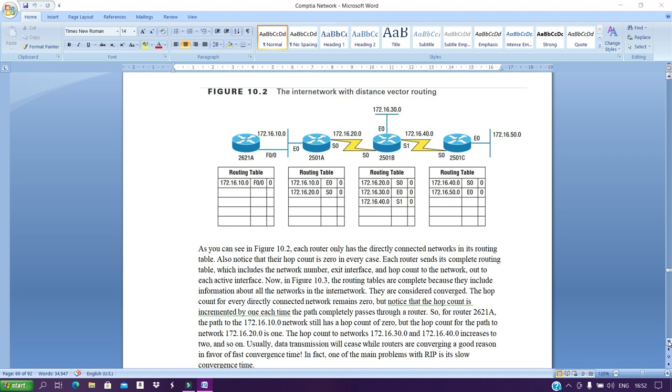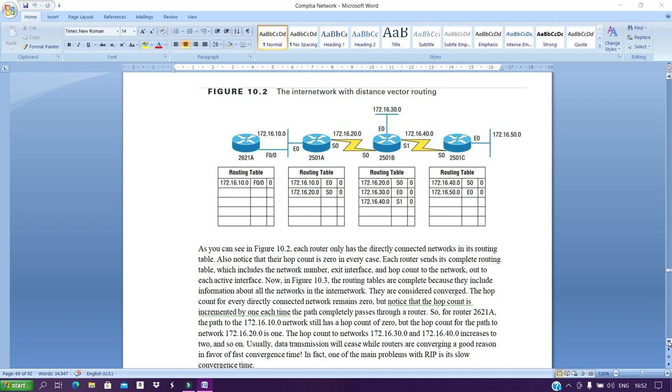So for router 2621A, the path to the 172.16.10.0 network still has a hop count of 0, but the hop count for the path to the network 172.16.20.0 is 1.